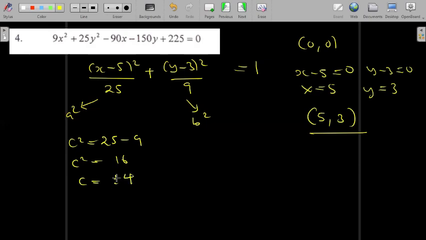Of course, you know that your a is just going to be plus minus 5, and your b, which is your minor diagonal, is just going to be plus minus 3. The a sits in the x because the bigger number is under x.